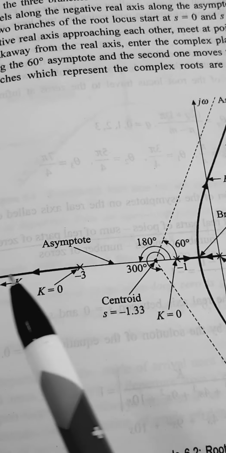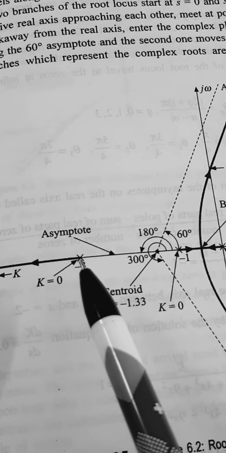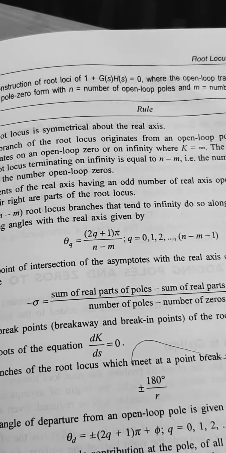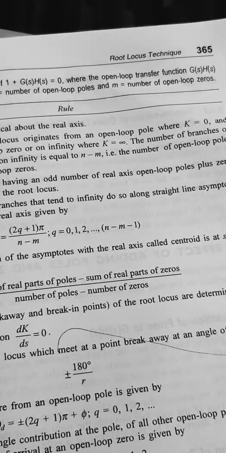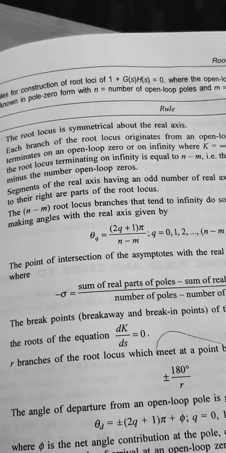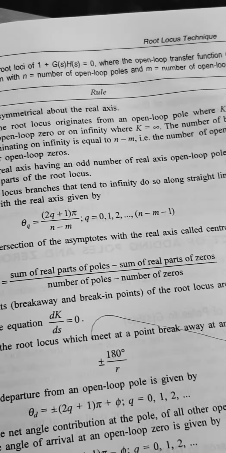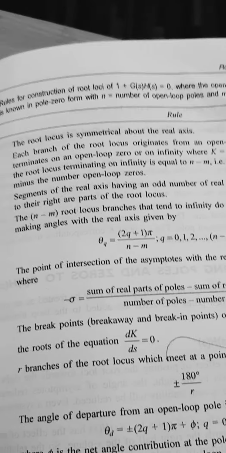Let me read it once more: the segments of the real axis having an odd number of real axis open loop poles plus zeros to their right are parts of the root locus.